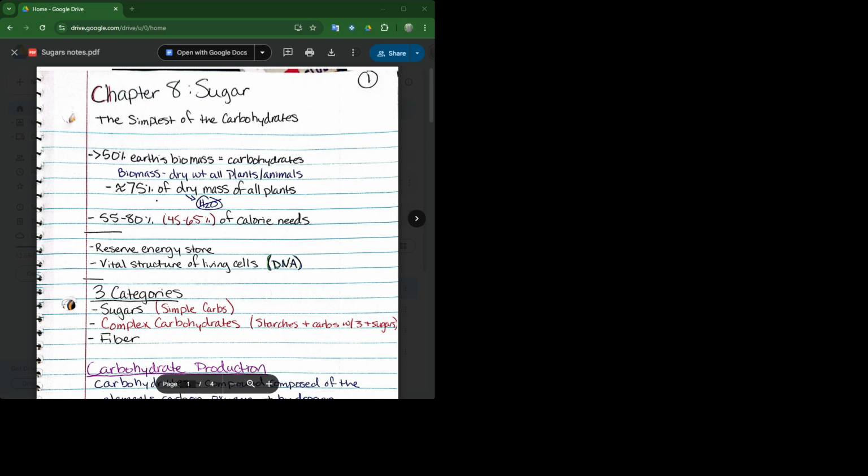So instead of starches, I'm going to write complex carbohydrates, and in parentheses, it includes starches and carbs with 3 or more sugars. And fiber was my third one. So I have that important list of categories of carbohydrates now in my notes.